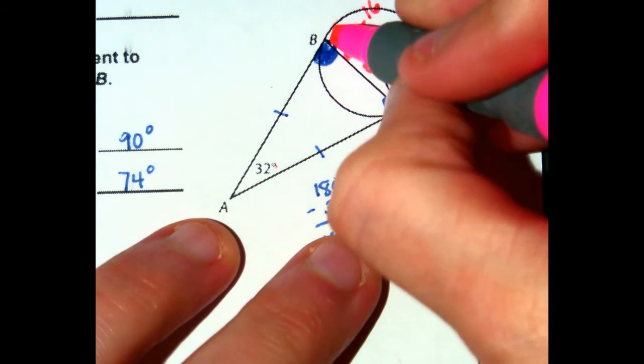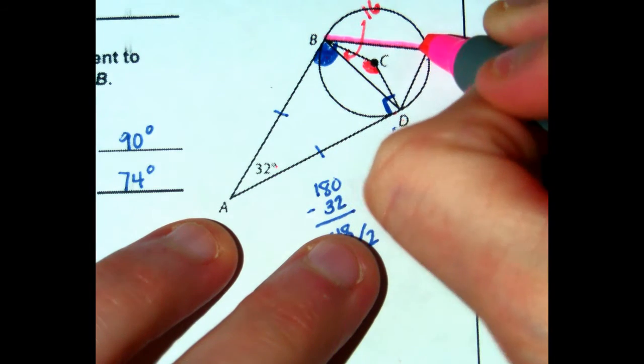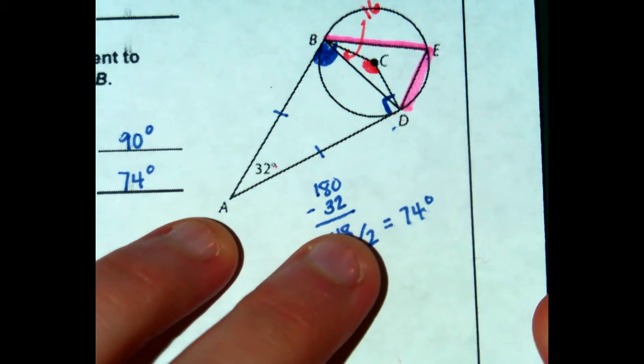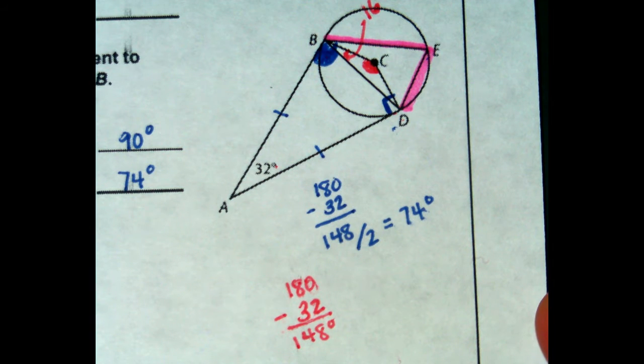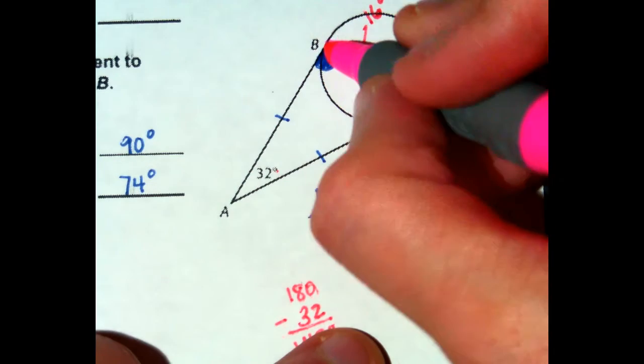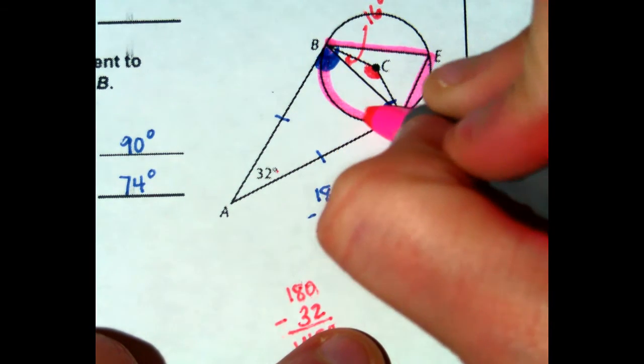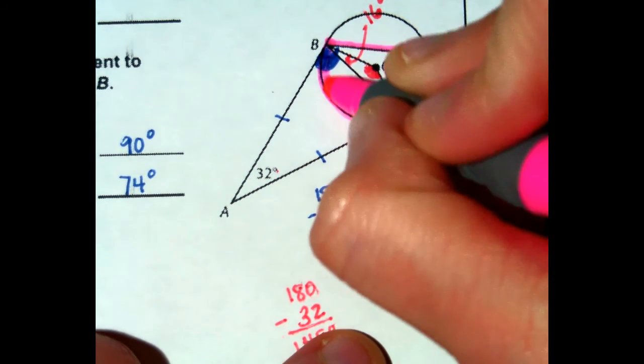We need to find BED. What is BED? Not intercepted arc. An inscribed angle. To find the measure of that inscribed angle, we need to know the measure of its intercepted arc. Do we know that?